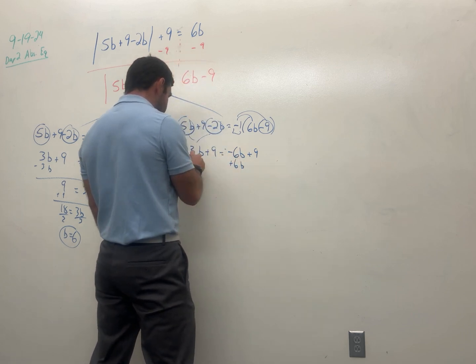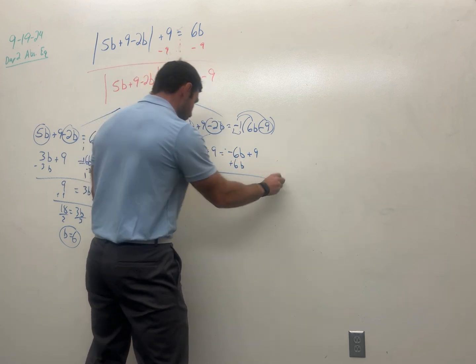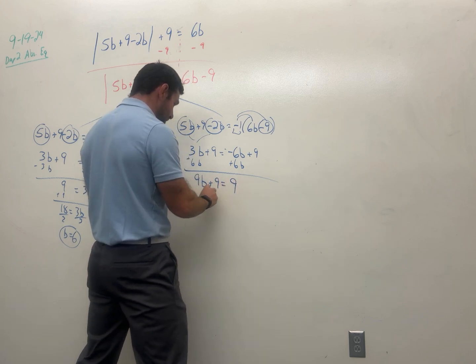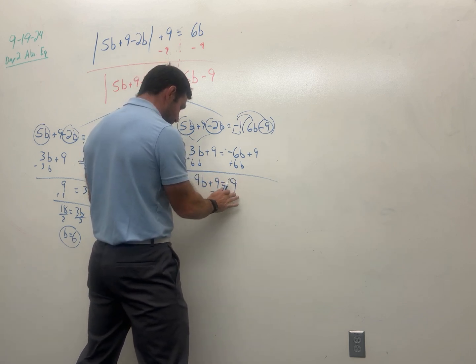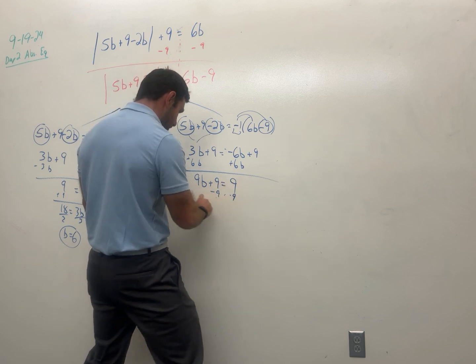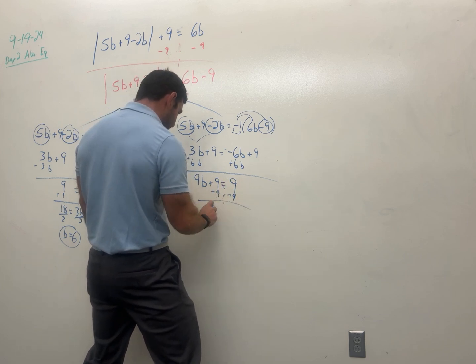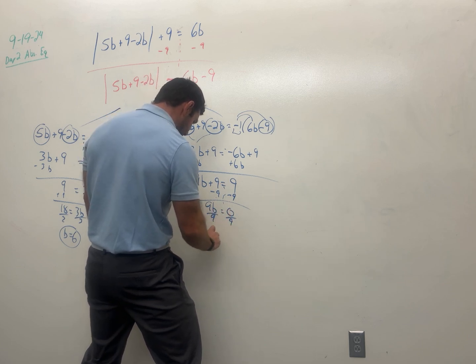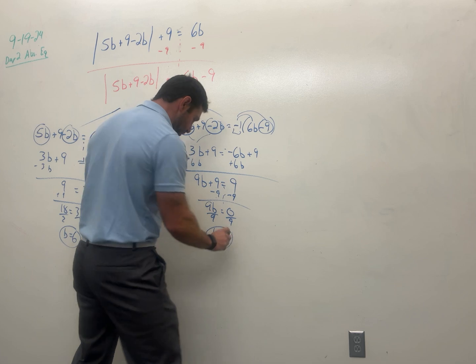I add 6b to both sides. That gives me 9b plus 9 equals 9. Subtract 9 from both sides. That gives me 9b equals 0. Divide by 9, b equals 0.